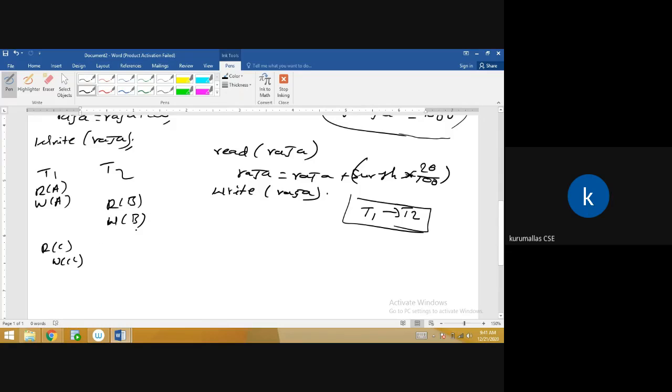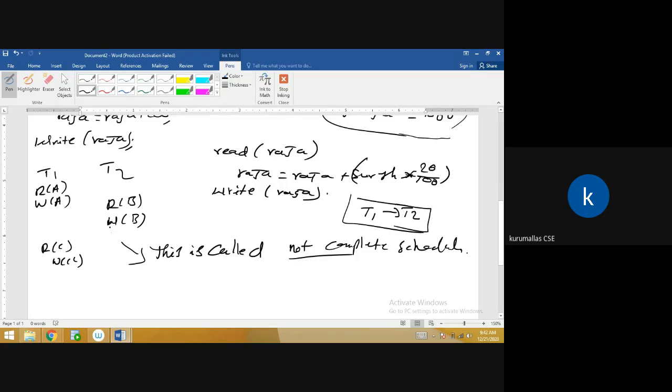If T1 and T2 do not have any commit and abort statements at the end of each transaction, this is called an incomplete schedule, not a complete schedule.